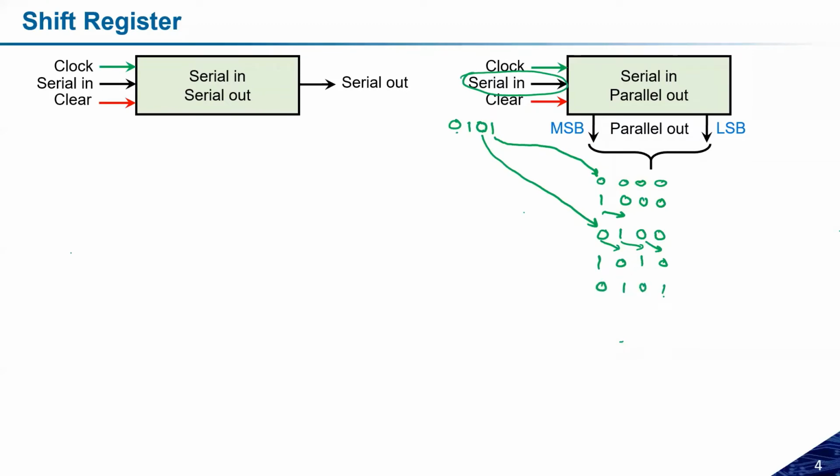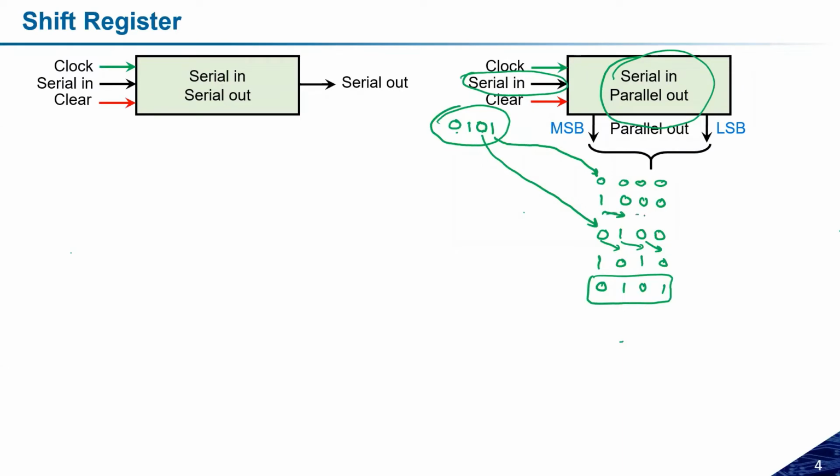So if you see here, the time taken by this serial input, parallel output is the same as the previous one. The number of bits of data we have will take that many clock pulses to reflect at the output side. But the only thing is, we can see the outputs reflecting one by one.